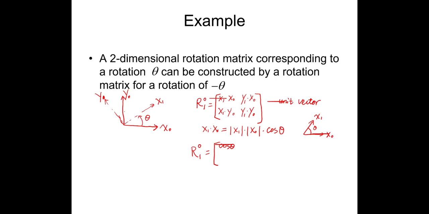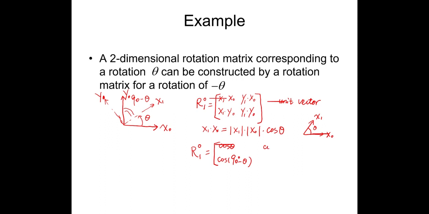So the angle is 90 minus theta, so that should be cosine of 90 minus theta. The next term is y1 dot x0. Here is my y1, and x0 is here.